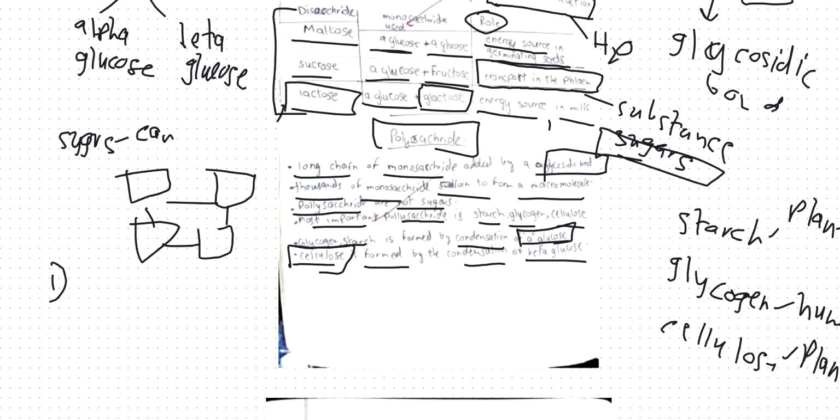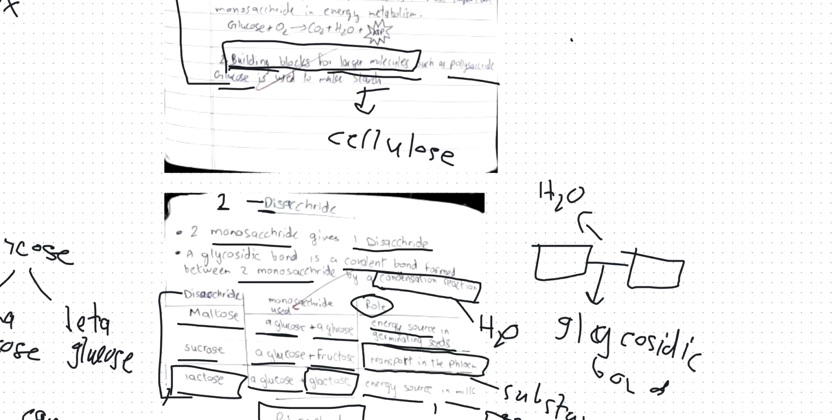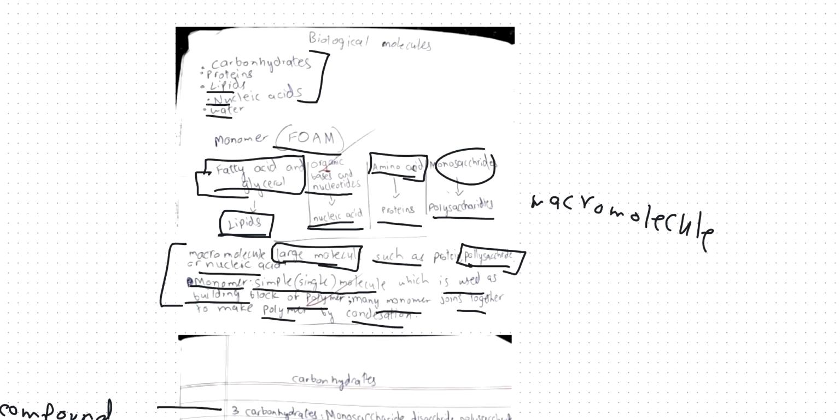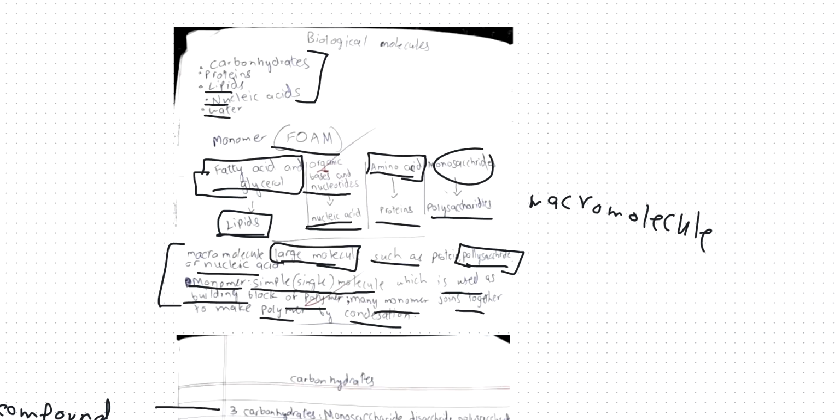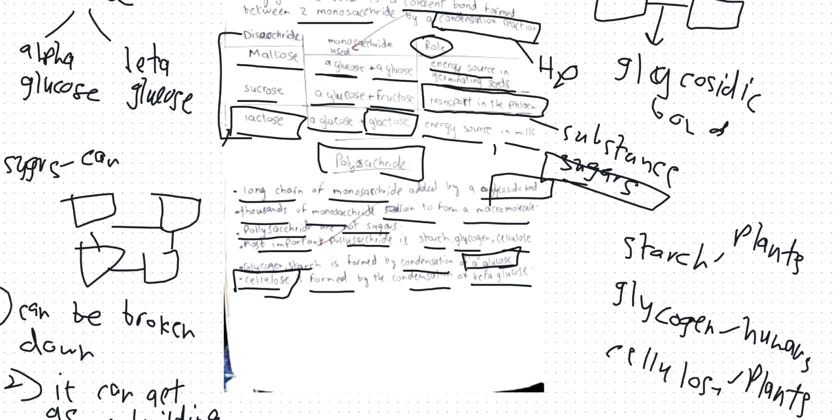Sugars can be broken down, and the second main feature of a sugar is that it can act as a building block, right? So basically, glucose acts as a building block. If you have one or two sugars, they can combine together. And when the product is formed, that is not a sugar because polysaccharides are many sugars combined together.